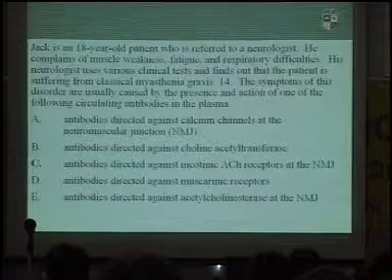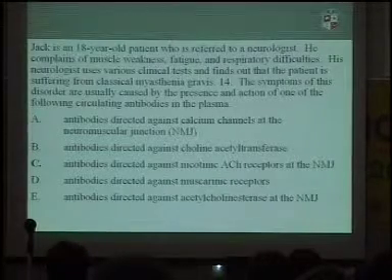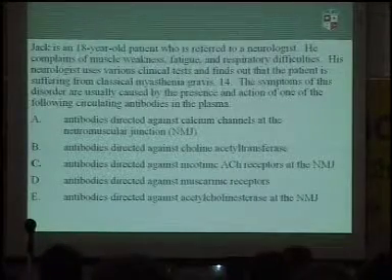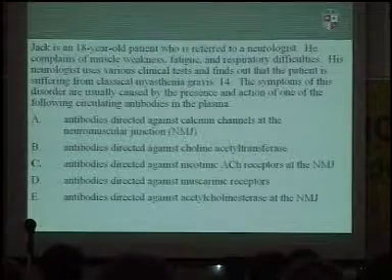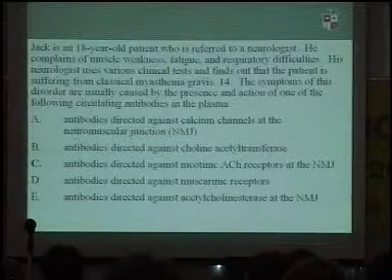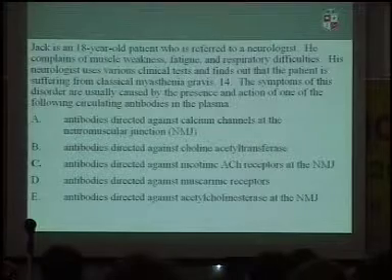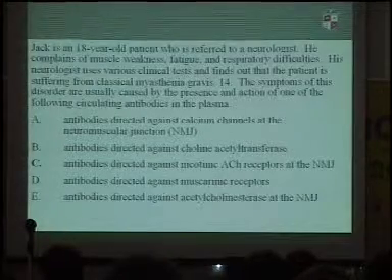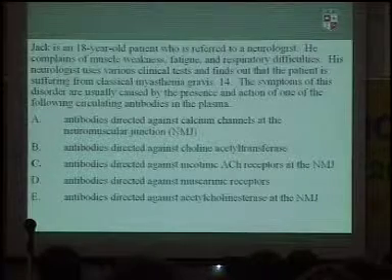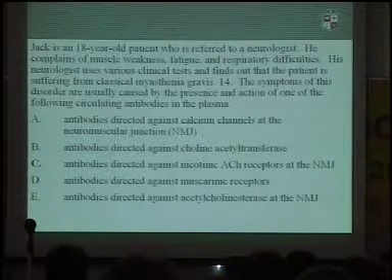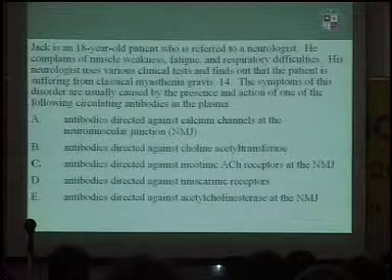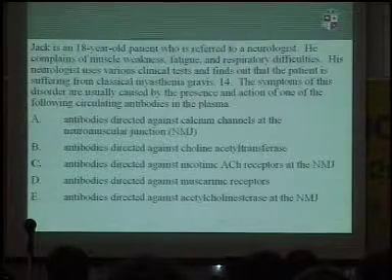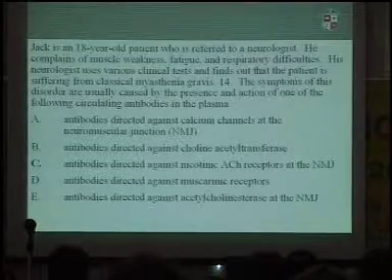Okay, Jack is an 18-year-old patient who is referred to a neurologist. He complains of muscle weakness, fatigue, respiratory difficulties. His neurologist used various clinical tests and finds out the patient is suffering from classical myasthenia gravis. The symptoms of this disorder are usually caused by the presence and actions of one of the following circulating antibodies in the plasma.